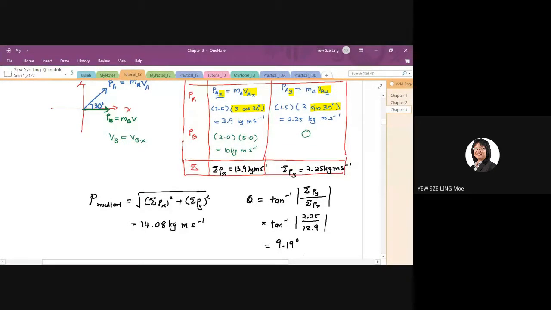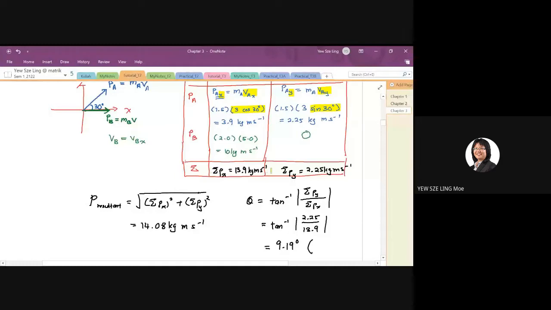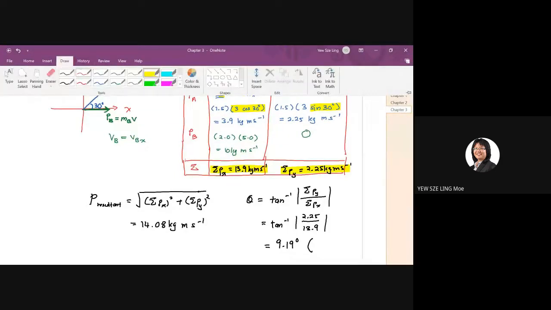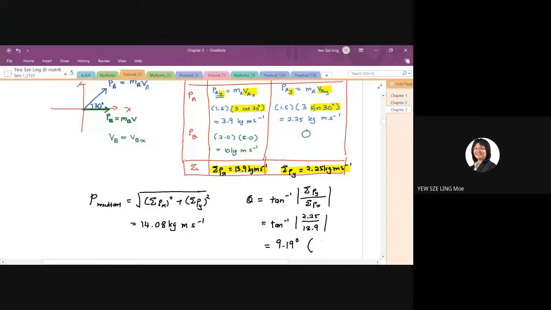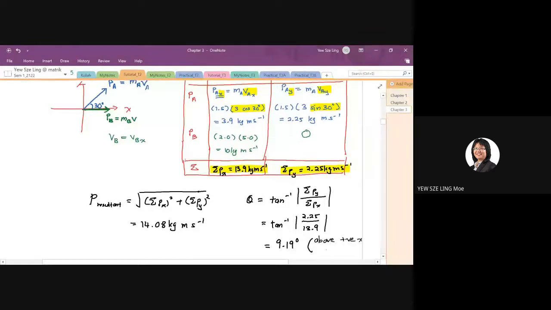You need to describe it. So where is it? You look at these two values. Now you have positive PX, you have positive PY. Positive means that it is located in the first quadrant. So first quadrant, above positive x axis.